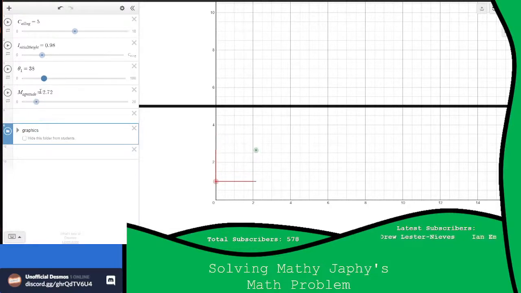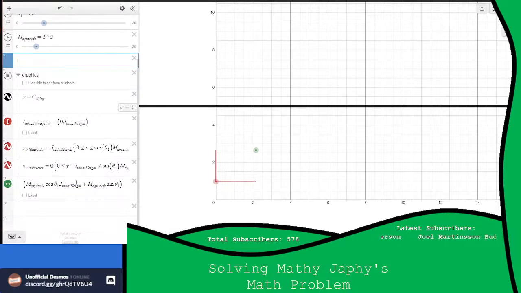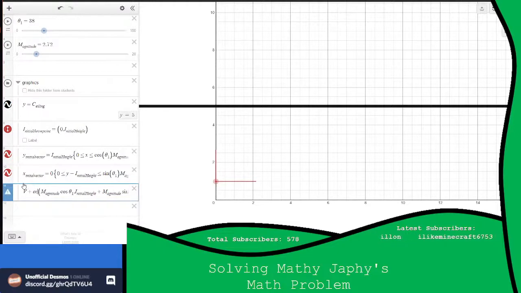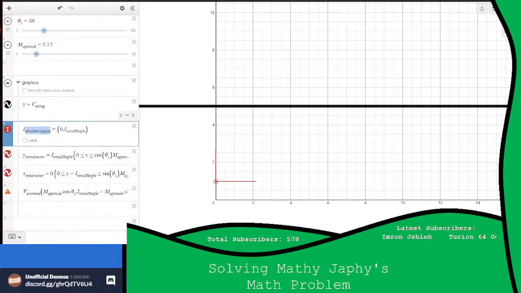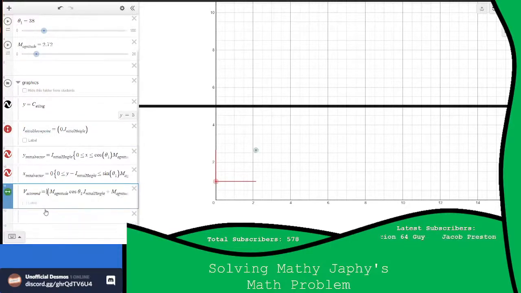Yeah, okay, so now that we have our magnitude, we now have a vector, right? Let's call this vector and the equal sign.